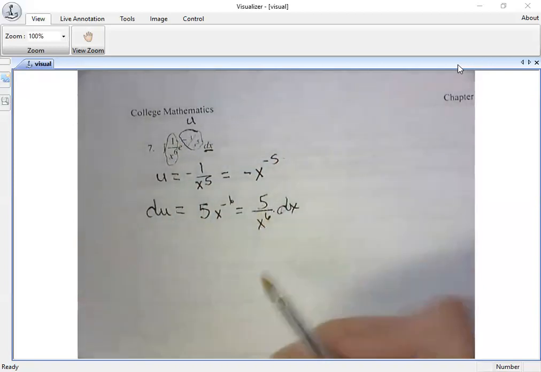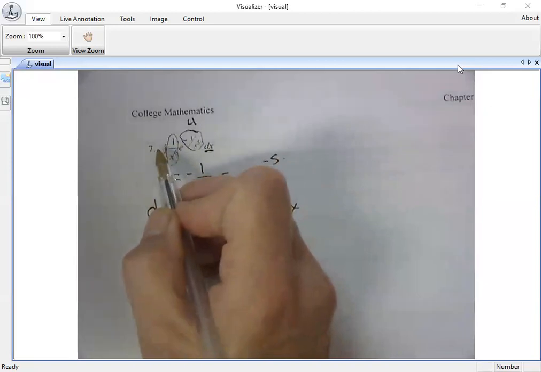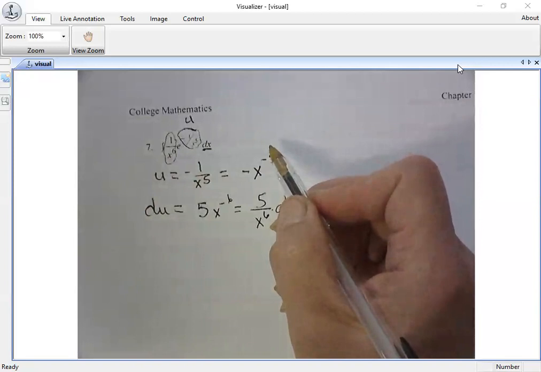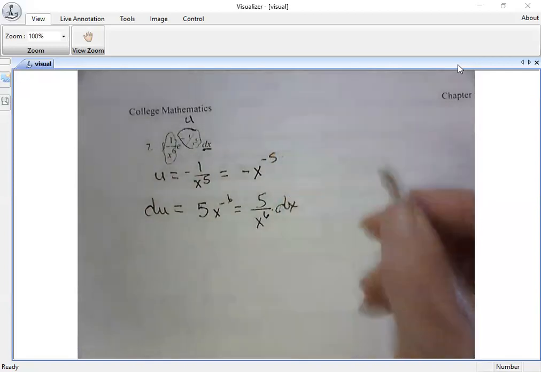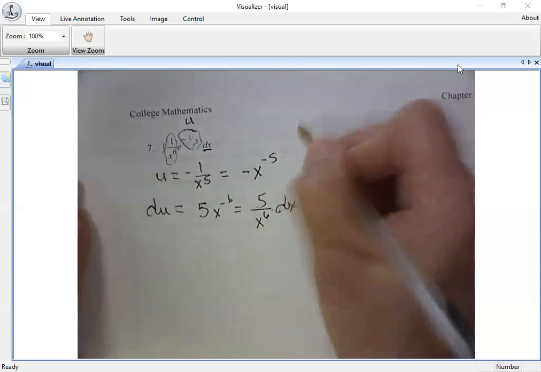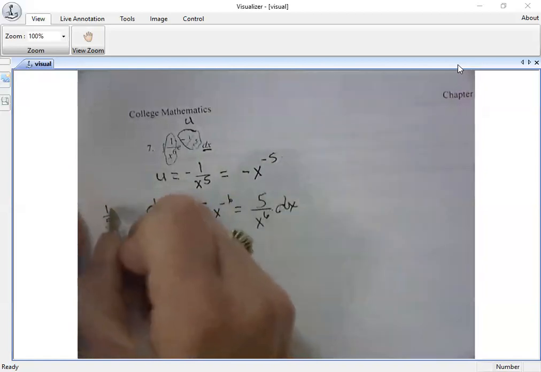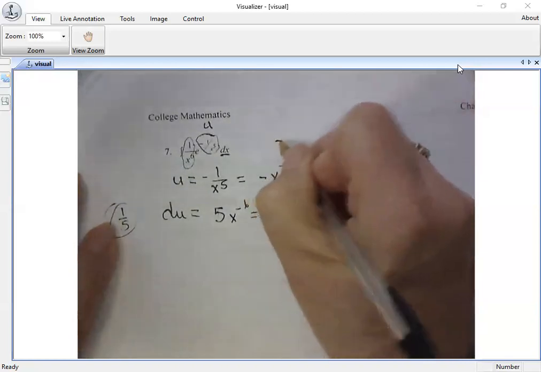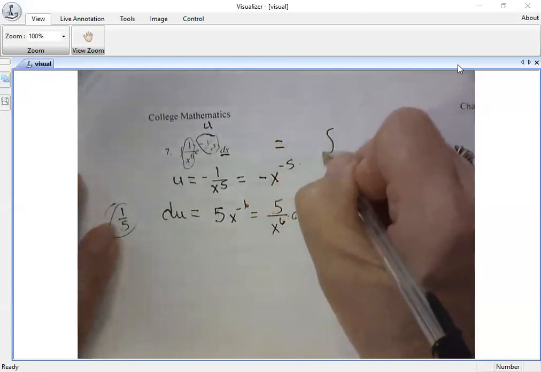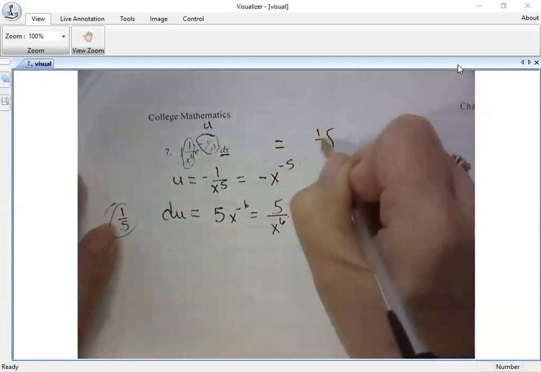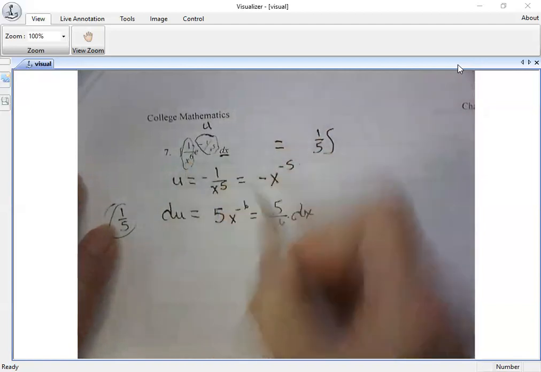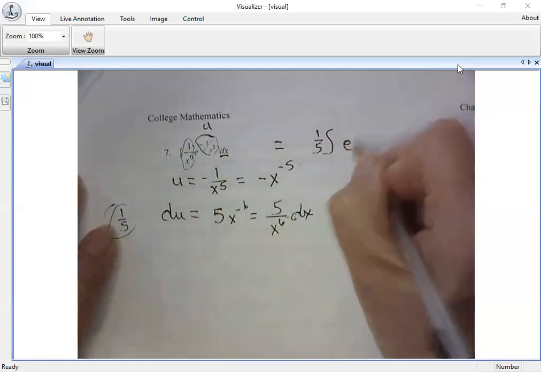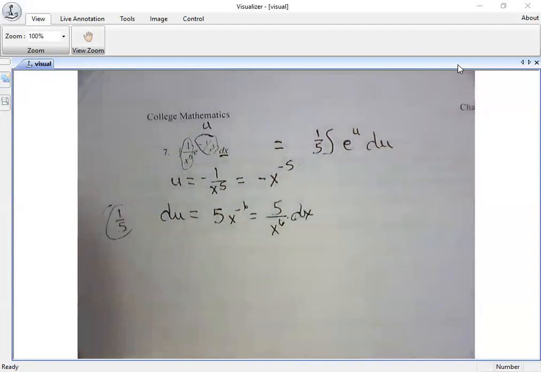So if I'm sticking in a 5 over 1 in order to turn it into a du, then I have to multiply by what to counteract that? 1 over 5. So I'm going to make a little note over here that I need to remember. I've got to multiply by a factor of 1/5. This means I'm ready to integrate if I have 1/5 on the outside. That takes care of all of my du stuff now. And I would have e to the u du. So far, so good?